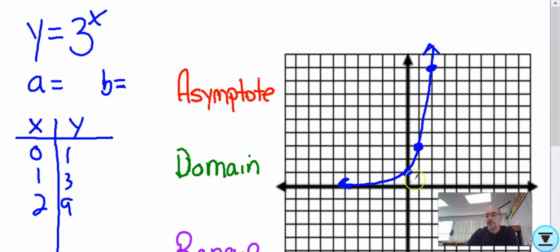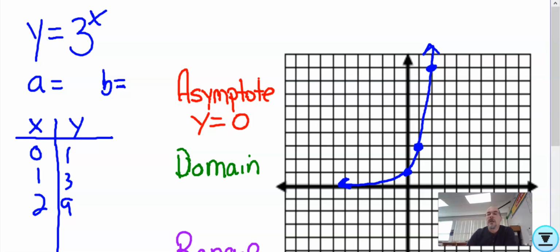Now, it's not going to cross this x-axis. That is our asymptote. Those numbers are getting closer and closer to 0. So our asymptote is y equals 0.